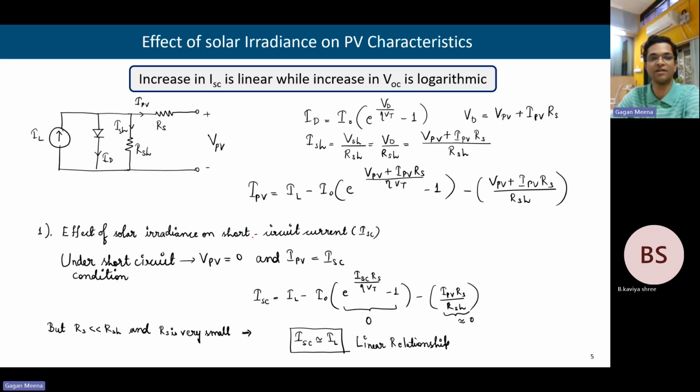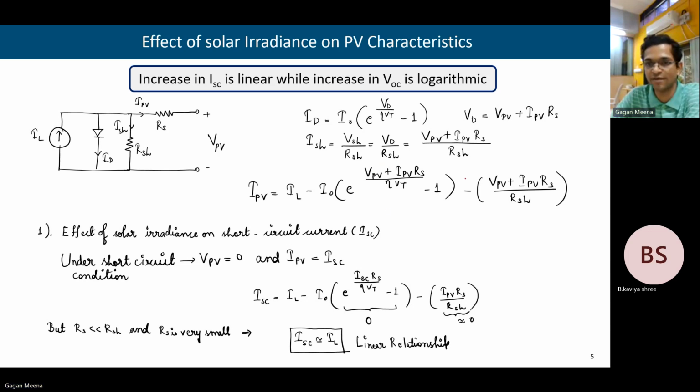First, we are talking about the effect of solar irradiance on short circuit current. To see the impact during short circuit, we have to impose the condition that the voltage is 0 and the current will be equal to IPV.